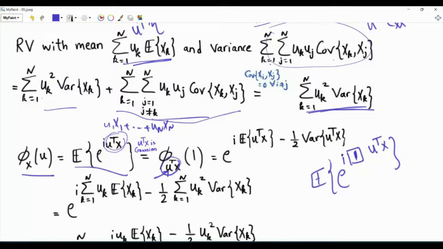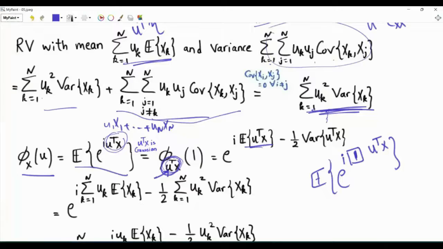And so the characteristic function of a scalar Gaussian evaluated at 1 is e to the I times 1 times the first moment, or the mean of this guy, which is this one here, minus 1/2, and then this parameter squared, which is 1, times the variance of u transpose x, which is given by this sum.